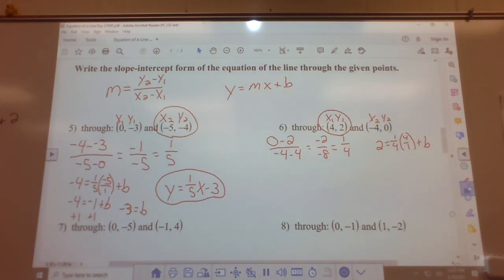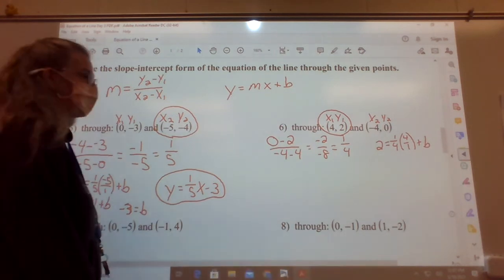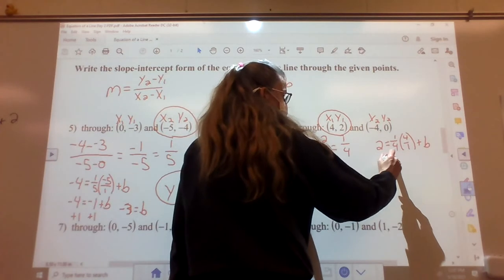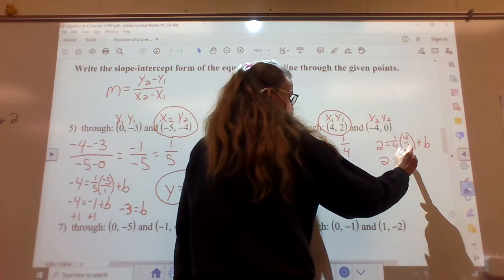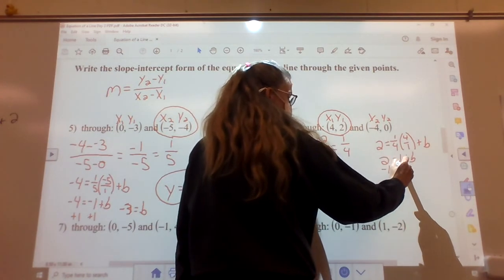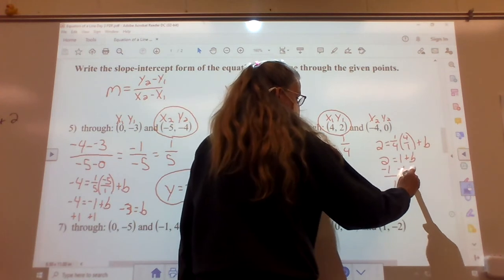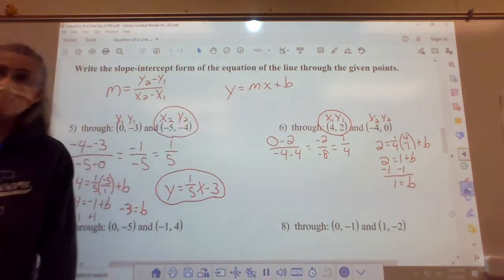You can multiply 1/4 times 4/1. I get 4 on top, 4 on bottom, which is going to divide out to 1. Subtract 1 from both sides. I get 1. So b equals 1.